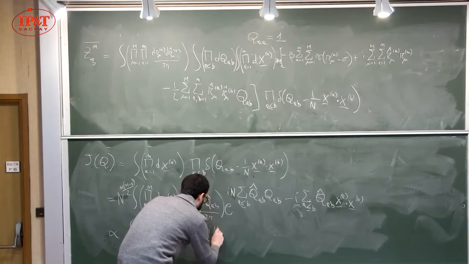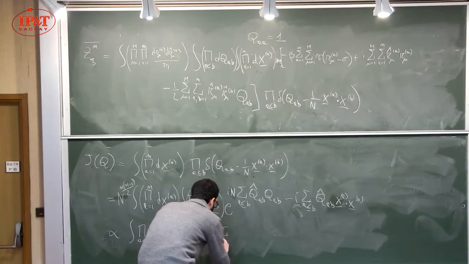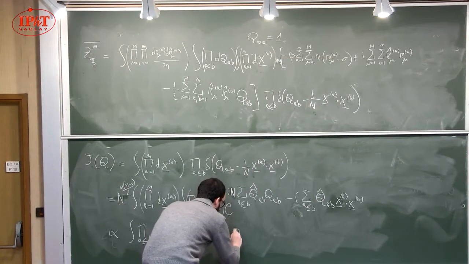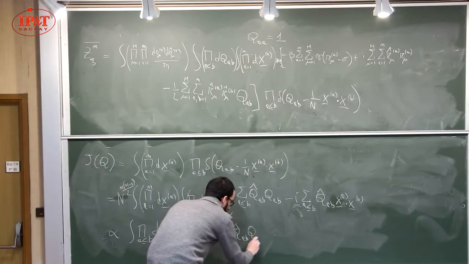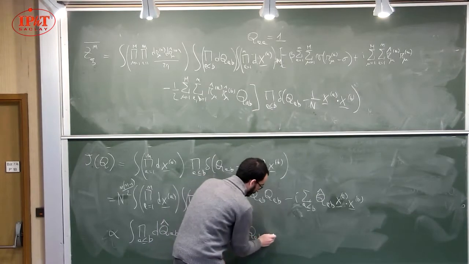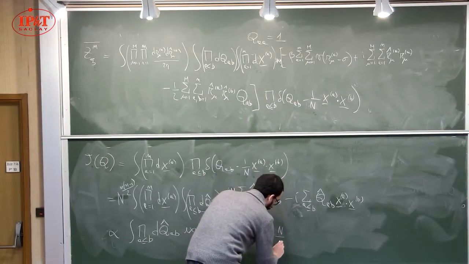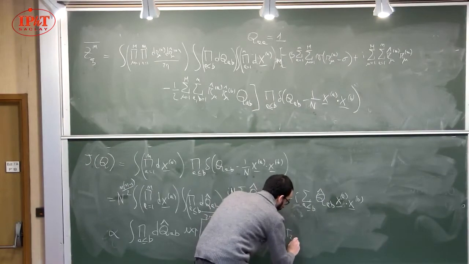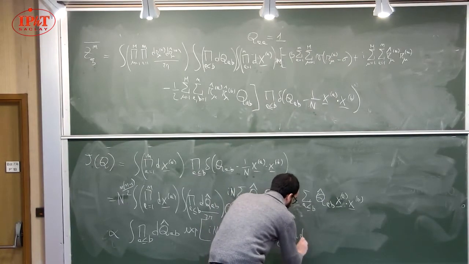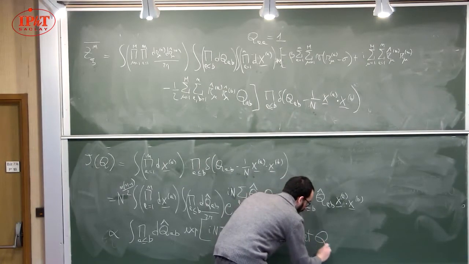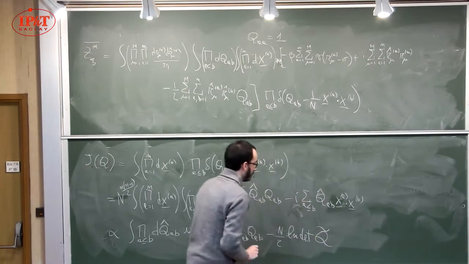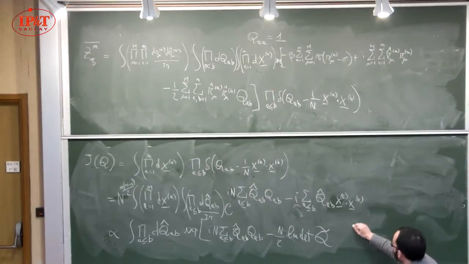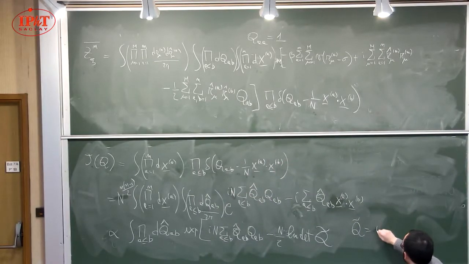and now here I write a matrix Q tilde, and Q tilde is just, let me write it like this.